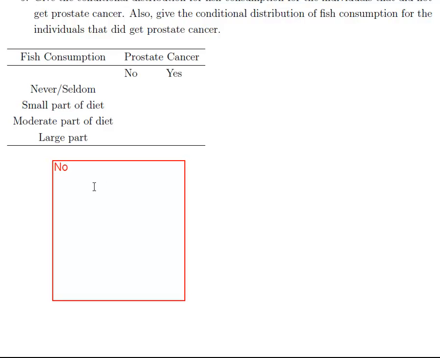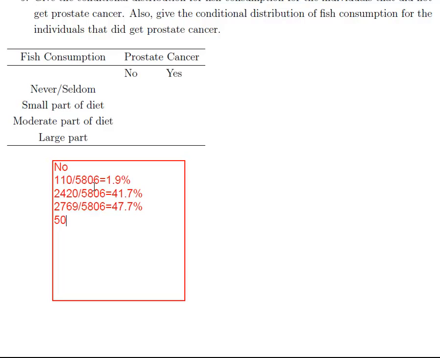So this is for the no. We have 110 divided by 5,806, so 1.9%. And we have 2,420 divided by 5,806, and that's 41.7%. 2,769 divided by 5,806, that's going to be 47.7%.